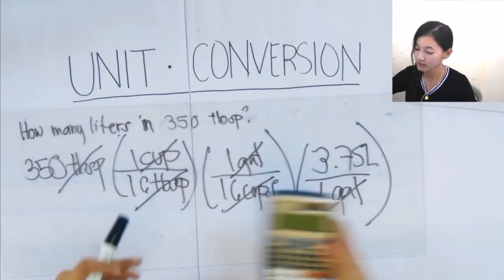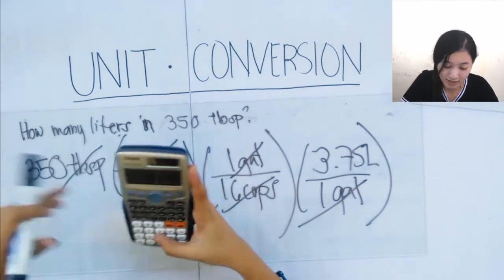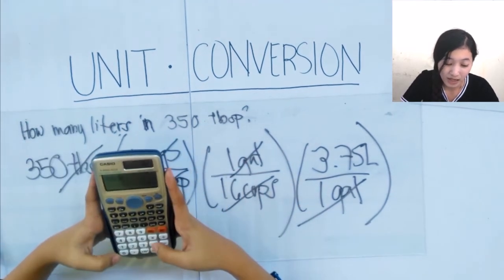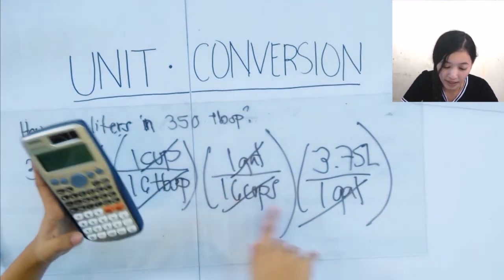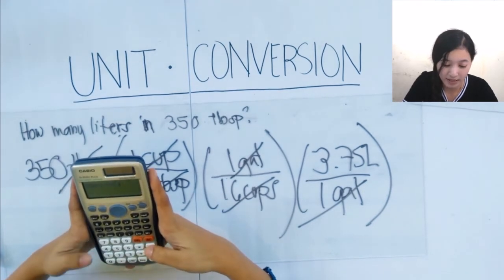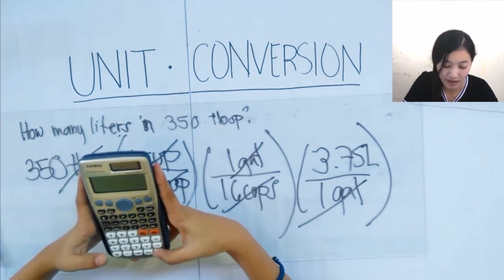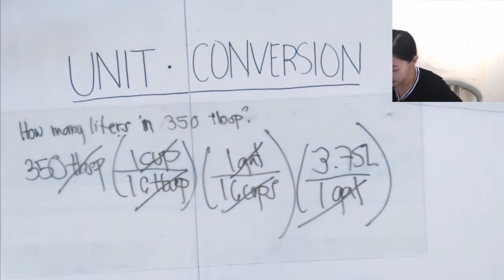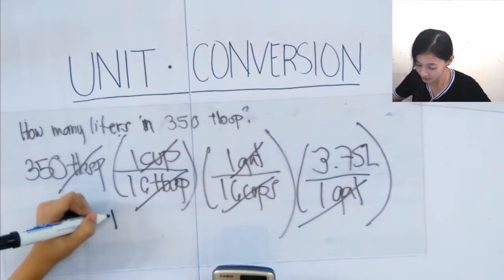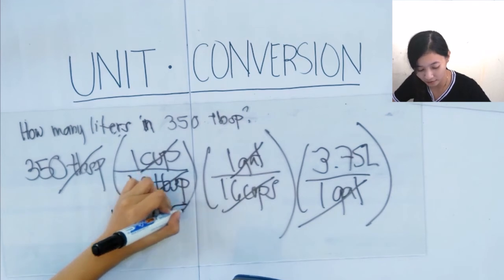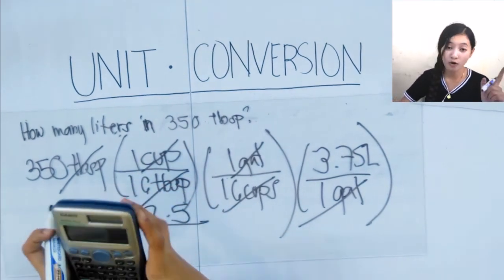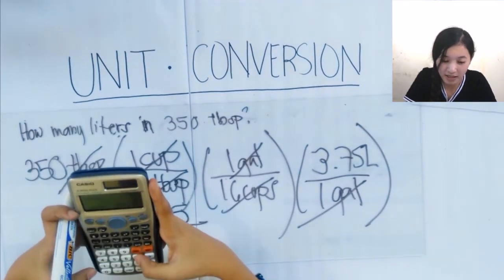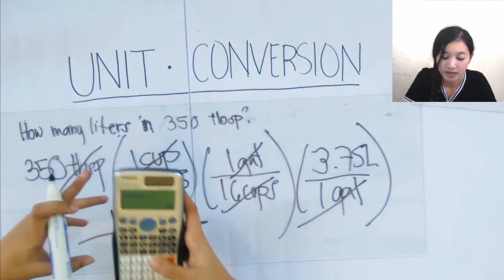So we multiply this: 350 times 1 cup times 1 gallon times 3.75 liters is equal to 1,312.5 over 16 times 16 times 1, which is equal to 256.